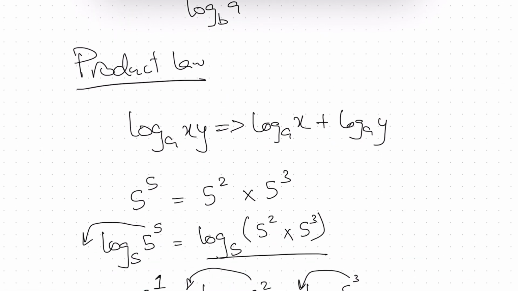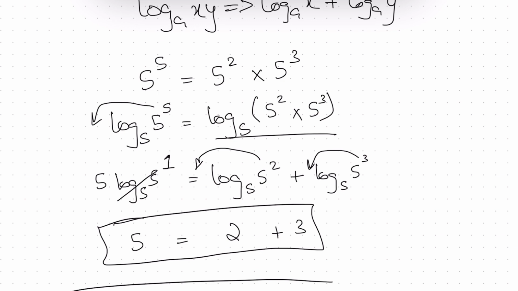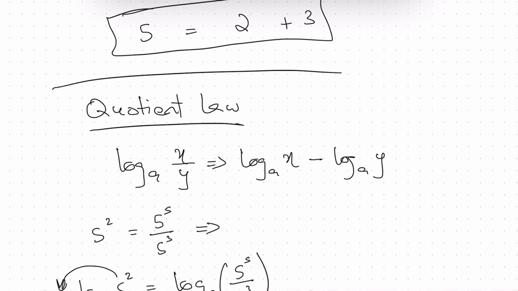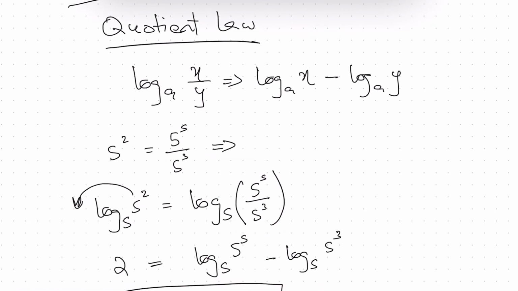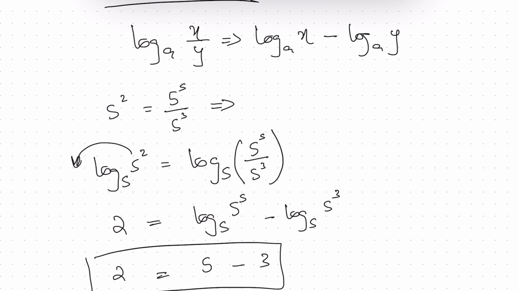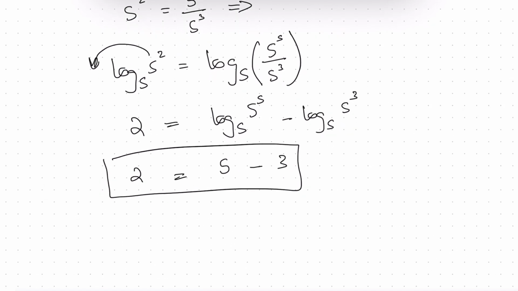Then we have the product law, that log a of xy can be written as log a x plus log a y, and we saw an example of it. And lastly, we saw that log a x over y can be written as log a x minus log a y, and we saw an example of that too.